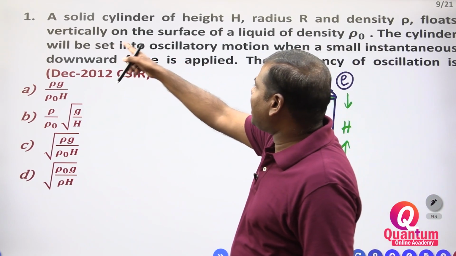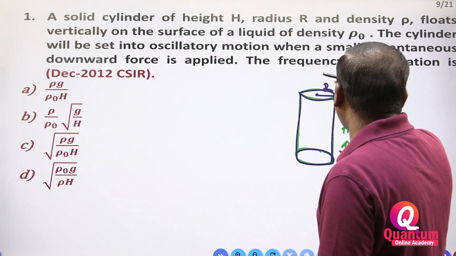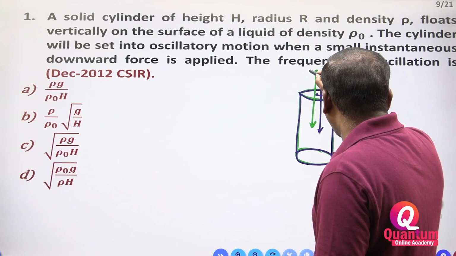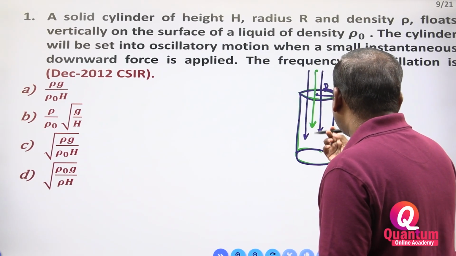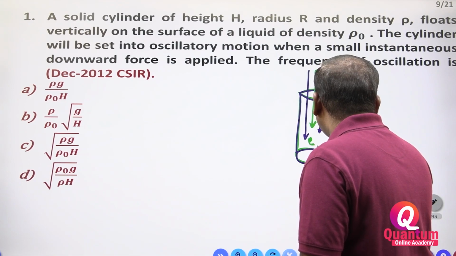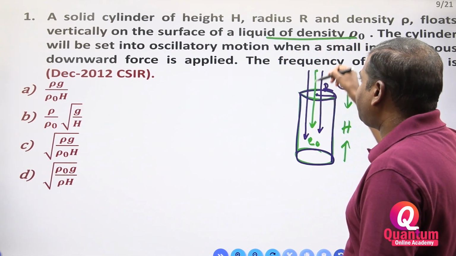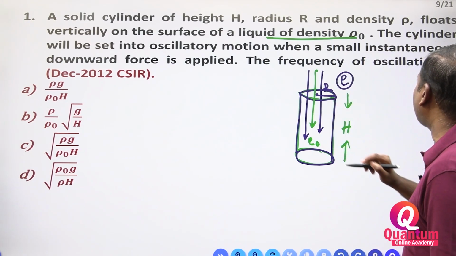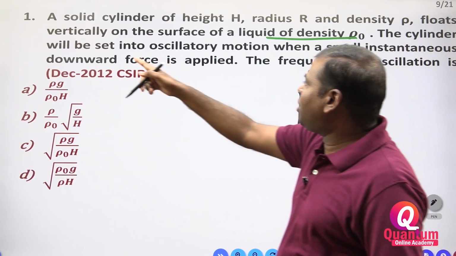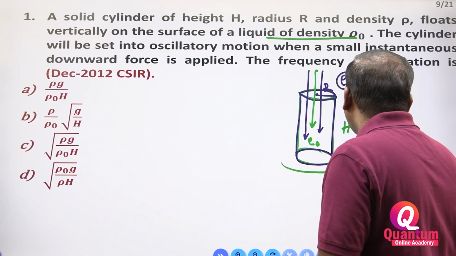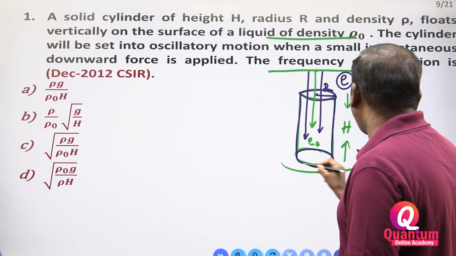Floats vertically on the surface of a liquid. What is the liquid's density? Rho naught density. It floats vertically on the surface of a liquid of density rho naught. The cylinder will be set into oscillations.